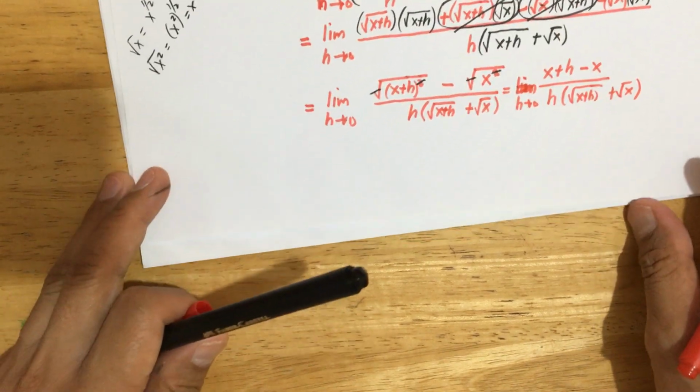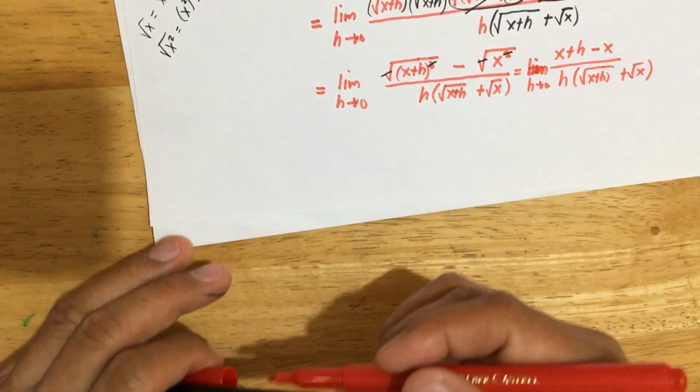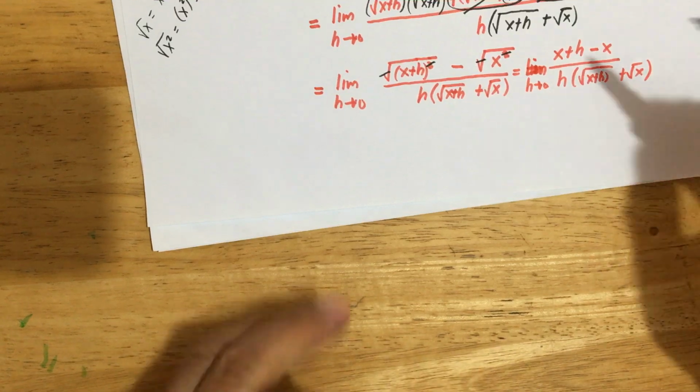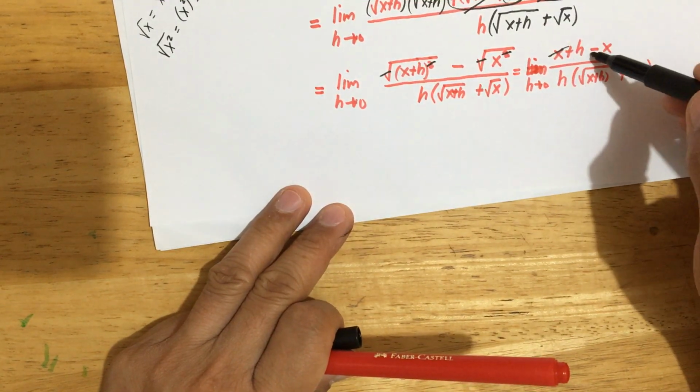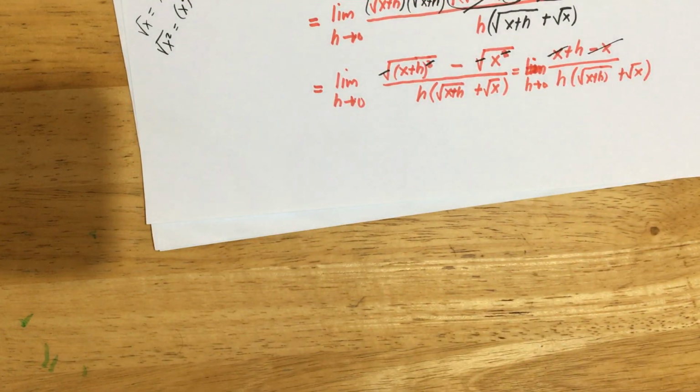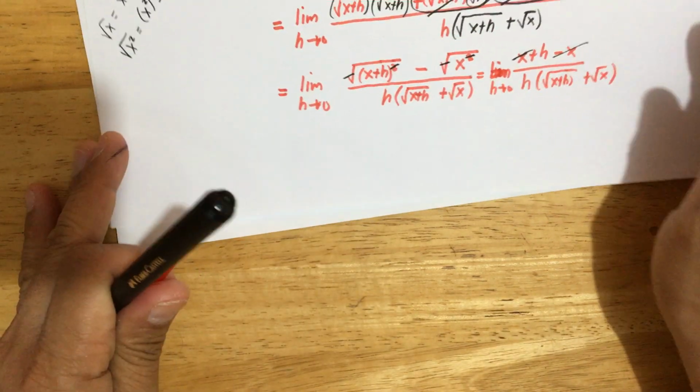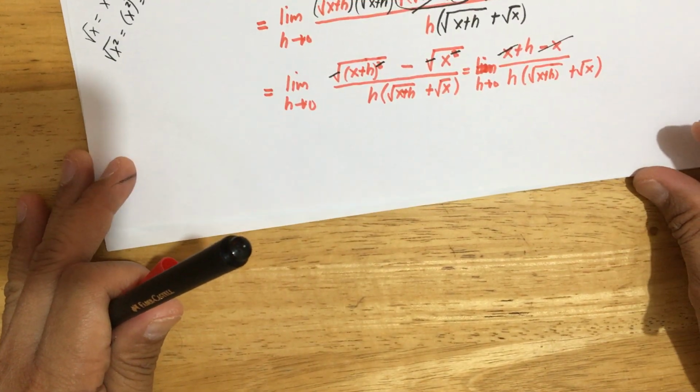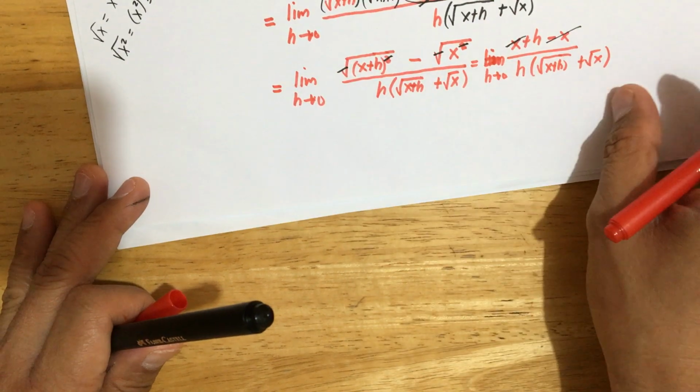So x minus x is equal to 0. You have positive x here and negative x here. So what is left? I'll put it down again.